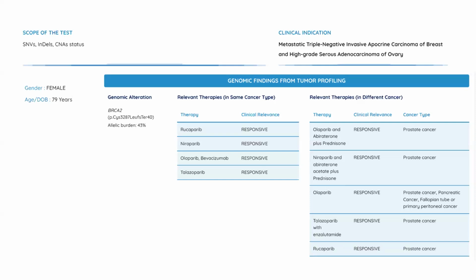Therapies relevant to the patient's cancer type. Relevant therapies in the same cancer type is tier 1. Tier 2 is if you have FDA approved or NCCN approved relevant therapies in a different cancer, it is important that you document that. It is more like off-label information. It's not necessary that it is going to work, or maybe there is no evidence also. But as per the guideline recommendation, it is important that we document this information.